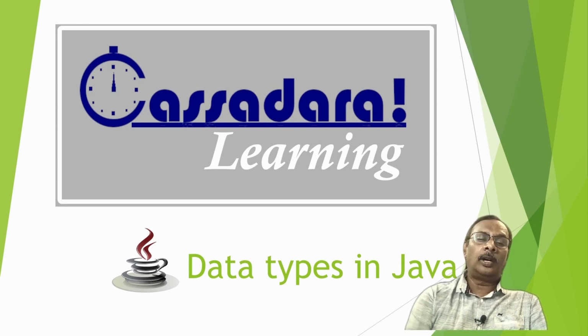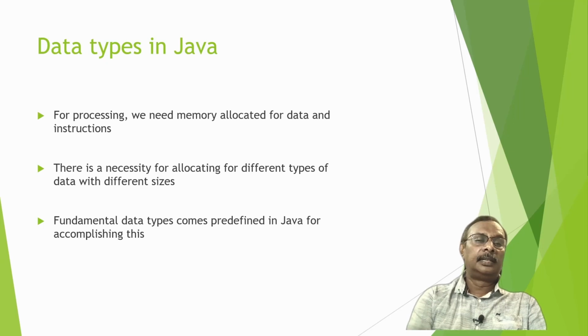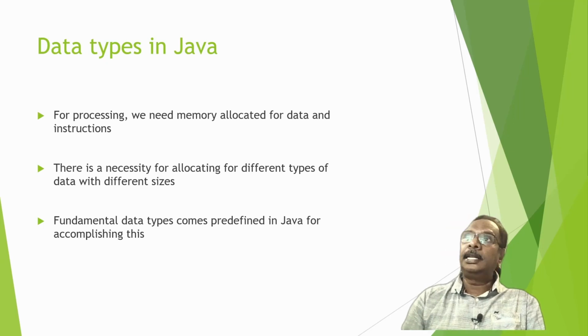Okay, so what are data types? Data types are basically used for allocating memory. So we already saw that we need to allocate memory for data, for instructions, for a program to run, right? So in that process, while allocating memory, we also need to specify what kind of data we are going to store in the memory temporarily, and what is the size of memory we will require, and all that.